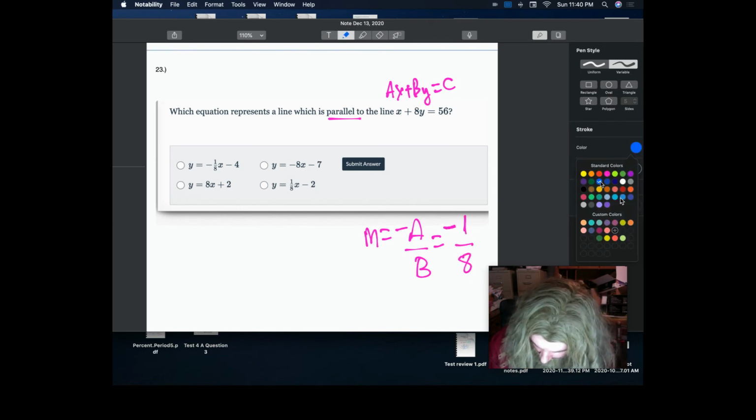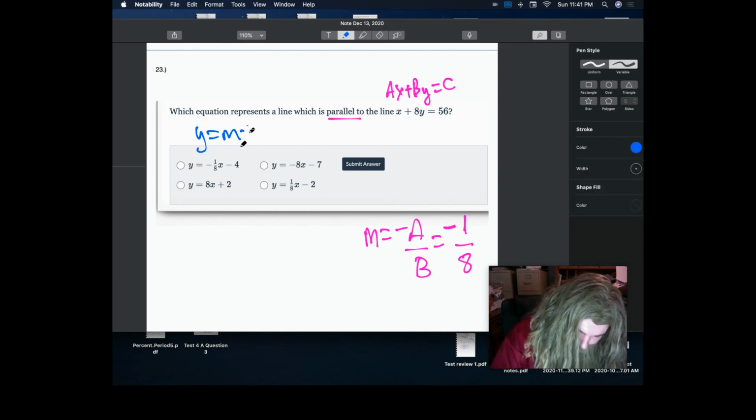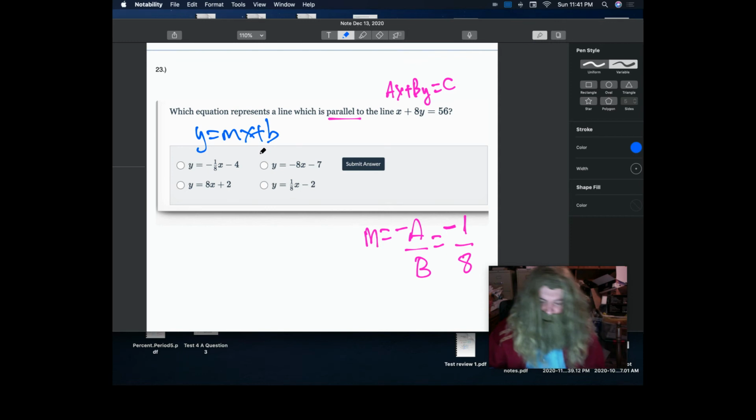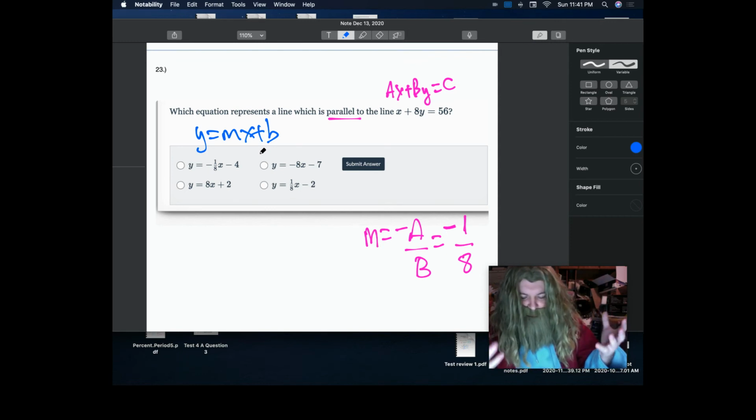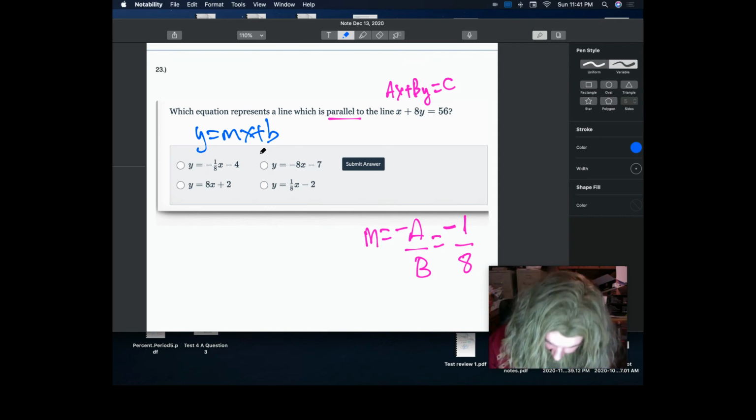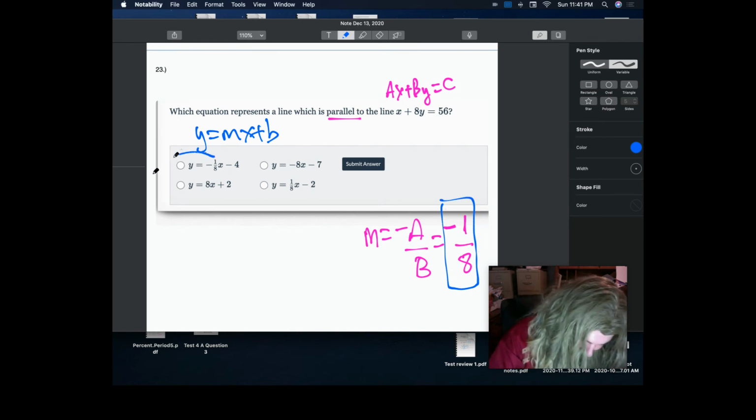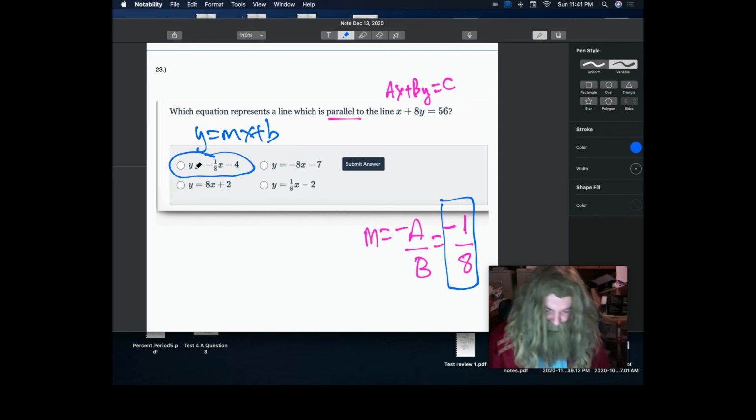And so I look at my answer choices, which are all written in y equals mx plus b. This problem is actually trying to be nice to us, as difficult as it seems. And we know the slope, if it is parallel, must be the same. I am looking for the one that is negative 1 over 8. That is this one here. It is worthy of the answer.